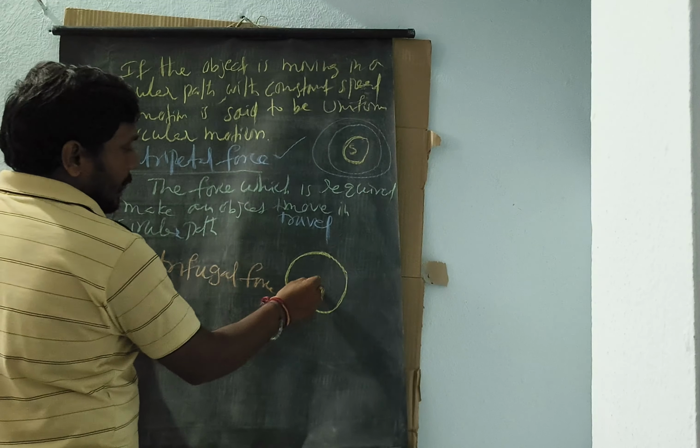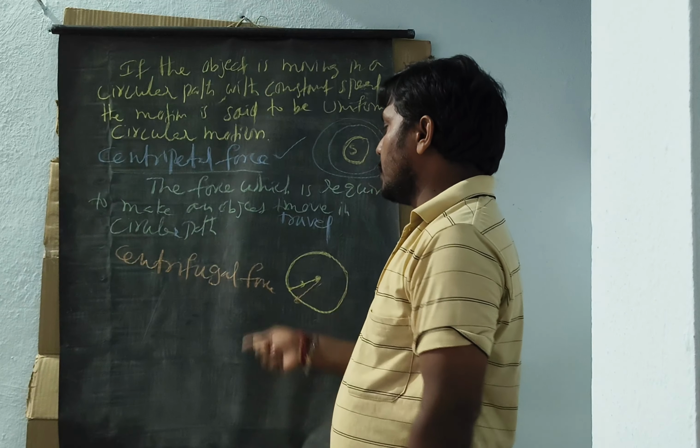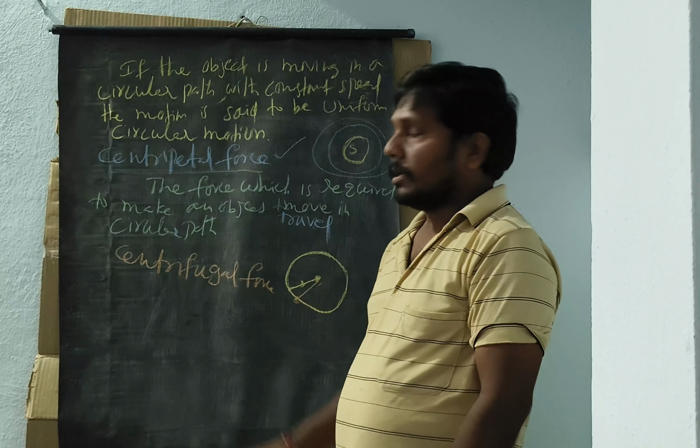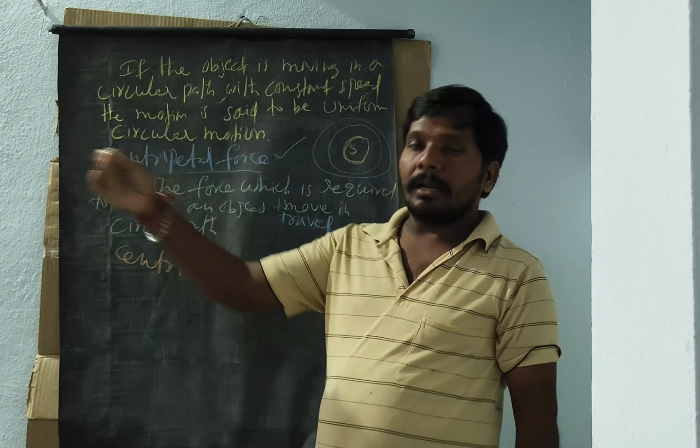The object is moving in a circular path due to centripetal force, but it does not move towards the center because of an opposite force exerted by the object. That force we call centrifugal force.